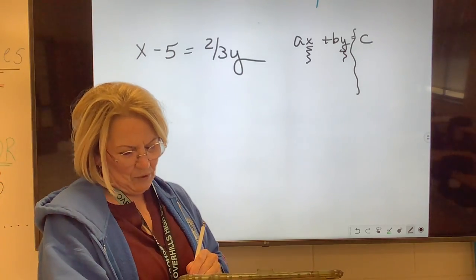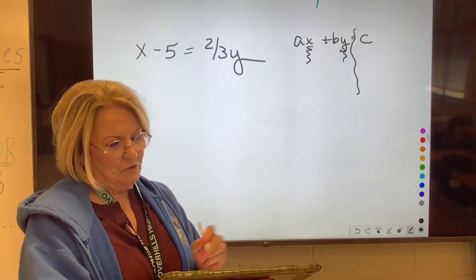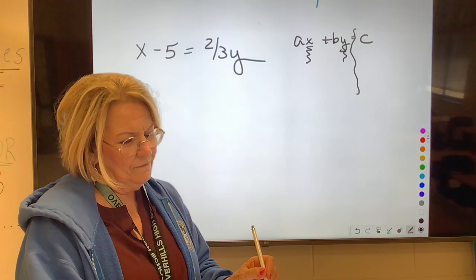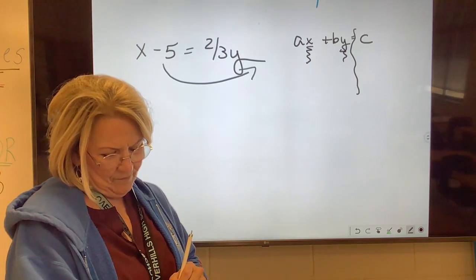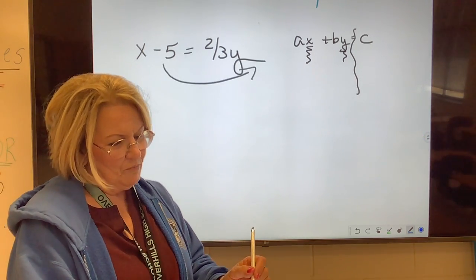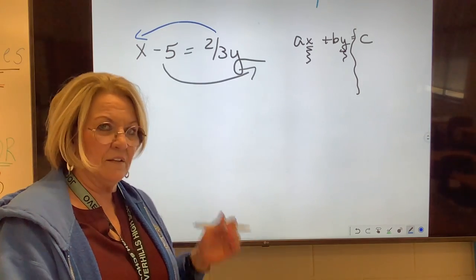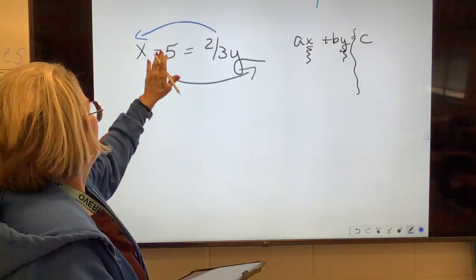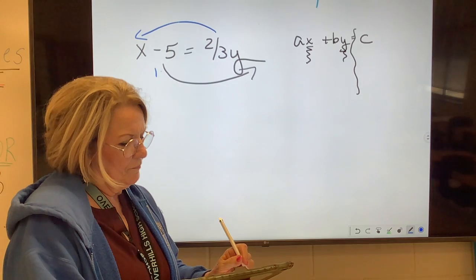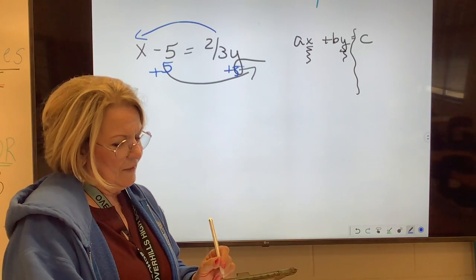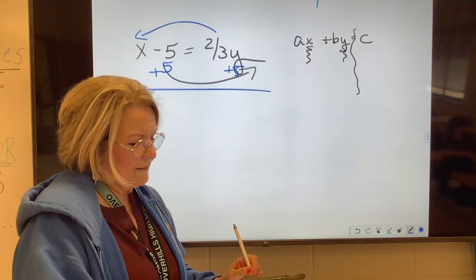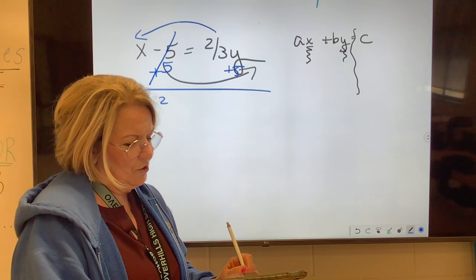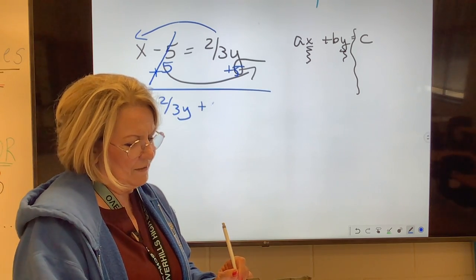So on this one, I need to move my -5 over there, and I need to move my 2/3 y over there. So to move -5, I'm going to add 5. Now I have x equals 2/3 y plus 5.